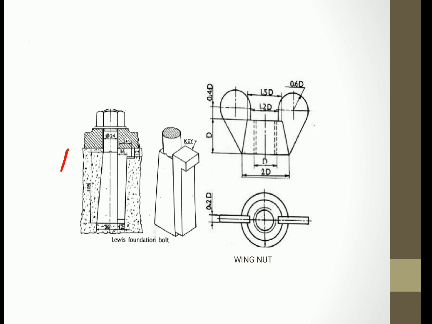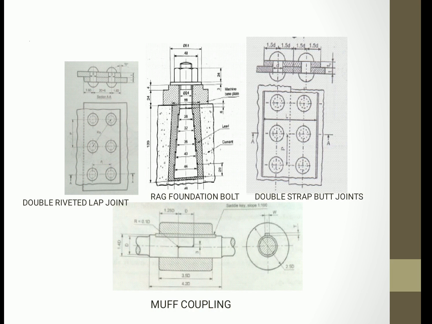So we can remove it easily with the help of a key. In a double riveted lap joint, 2 rows of rivets are used. We can see here.